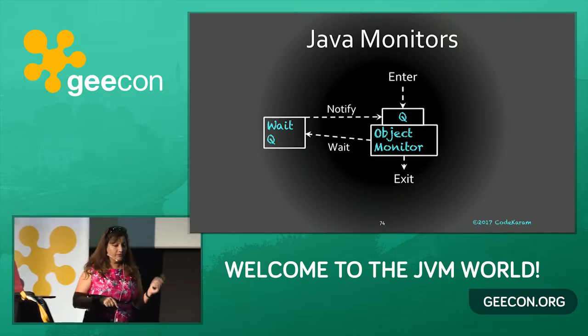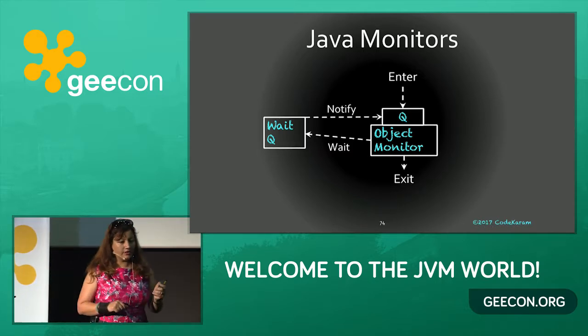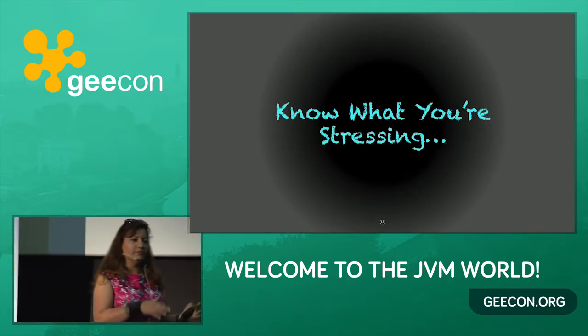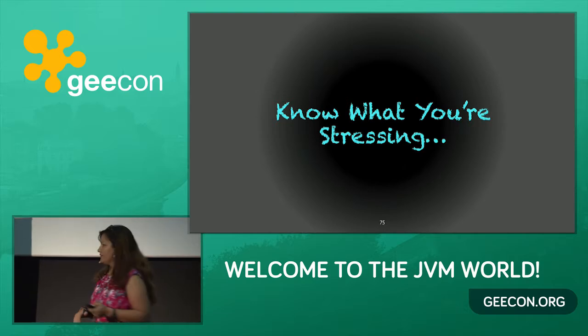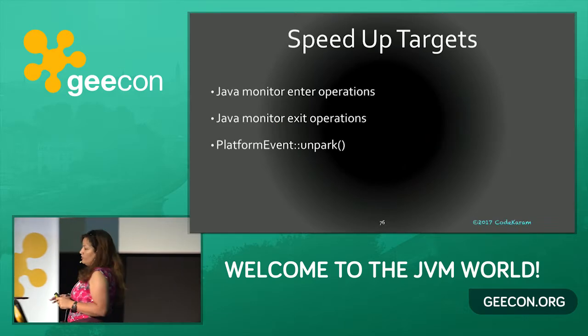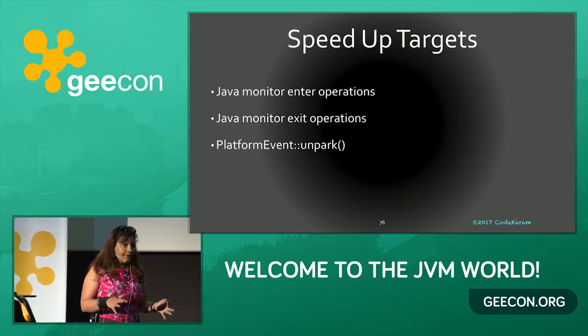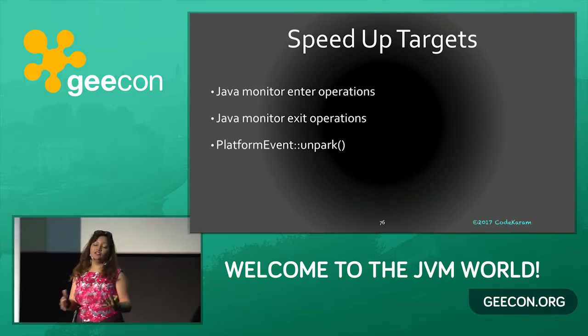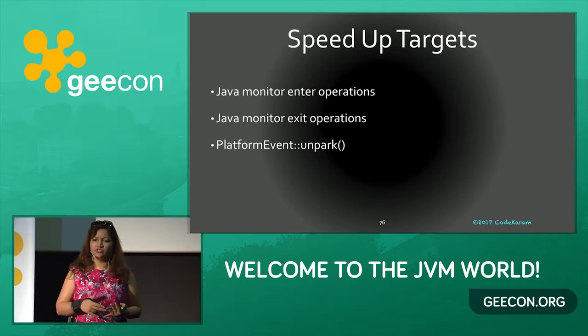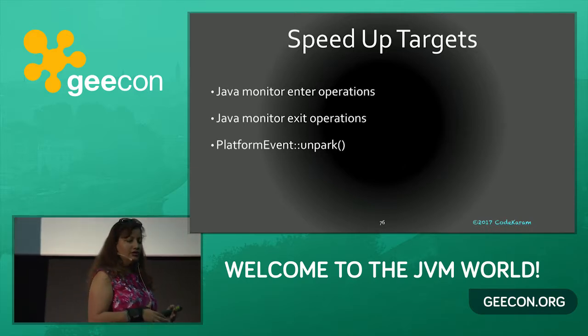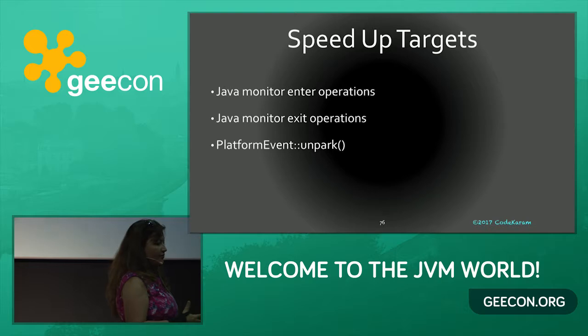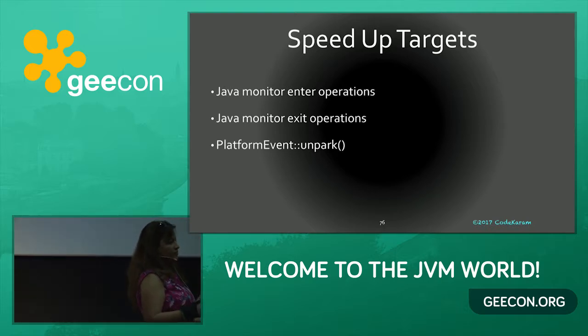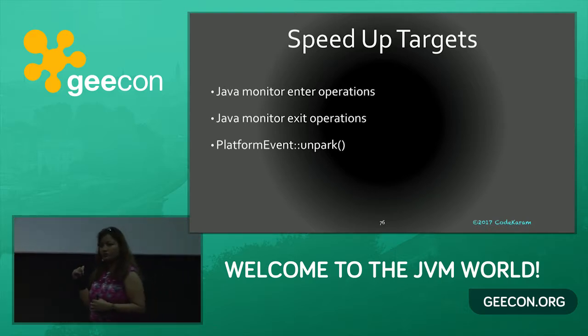So remember, now we have the problem statement, we understand the problem, and then we're going to apply the same things. So know what you're stressing. And for this particular JEP, I already knew what we were stressing because it's already mentioned in the JEP. And by the way, a JEP is a JDK Enhancement Proposal. So for OpenJDK, you can find multiple JEPs, enhancement proposals, and this was one of them.